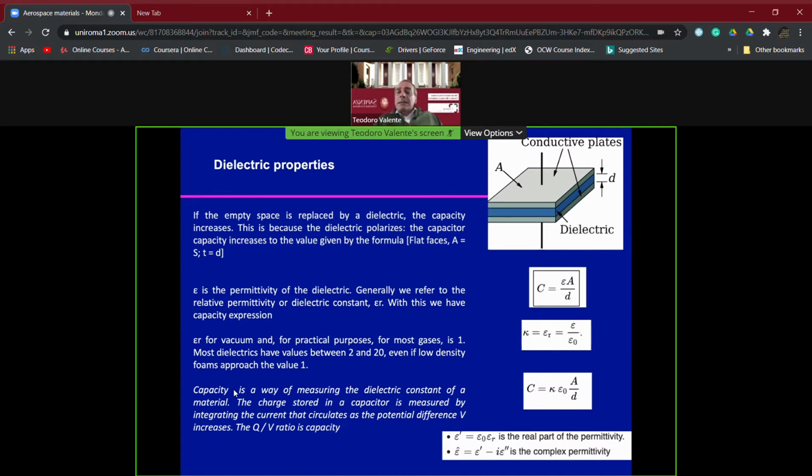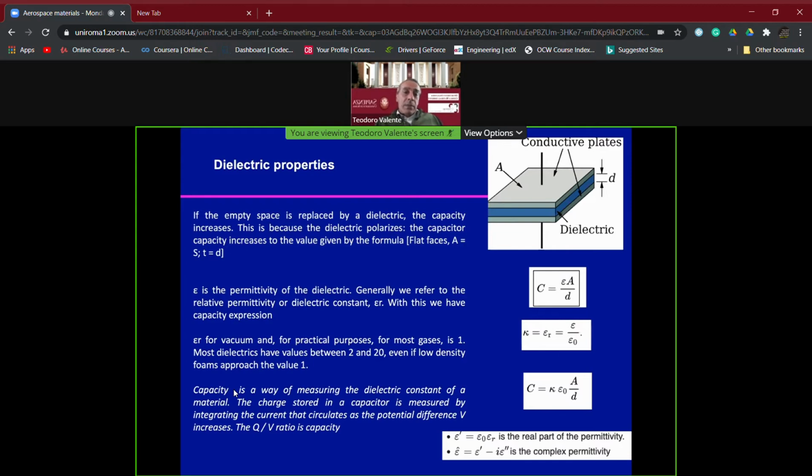And let's start, just as a reminder, with a very simple case, discussing, for example, dielectric properties. The simple case is the plain capacitor, plain condenser.